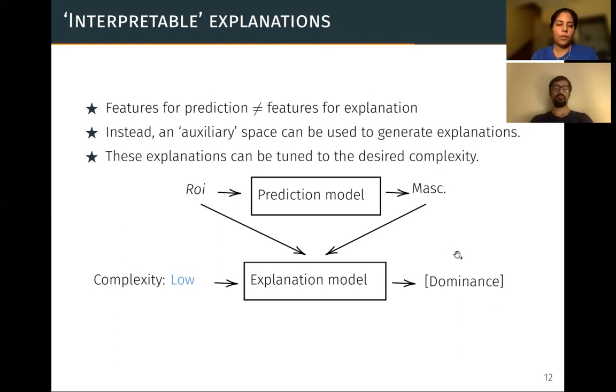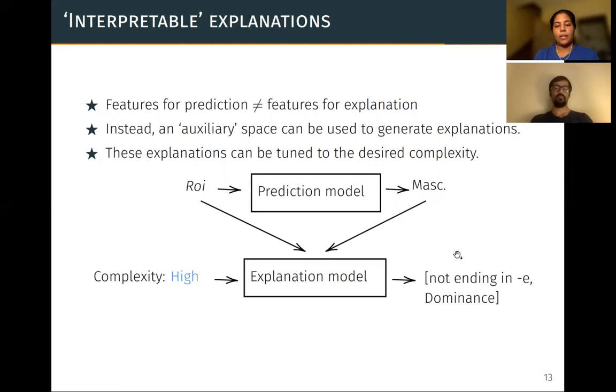And then we can tune the complexity, make it high, and this leads to the explanation model generating a more detailed explanation. For example, here it can generate an explanation such as the word is not ending in E. And that is one reason why this prediction model did not make a feminine prediction.